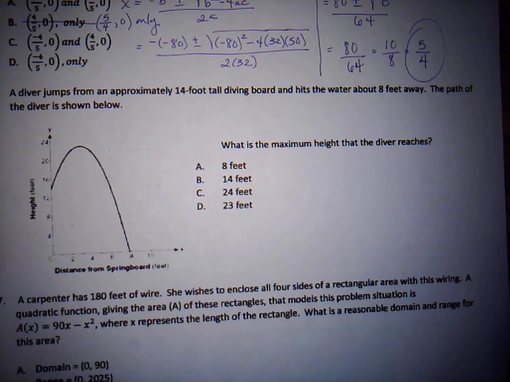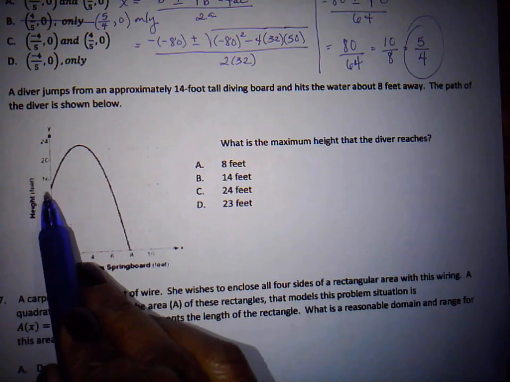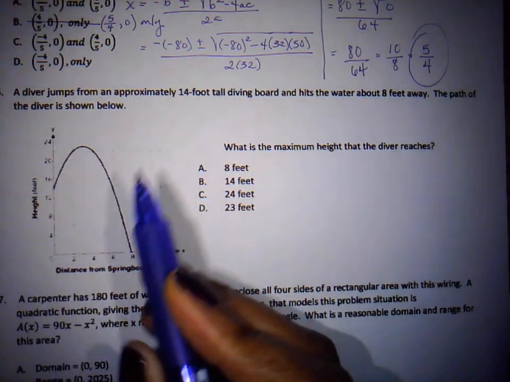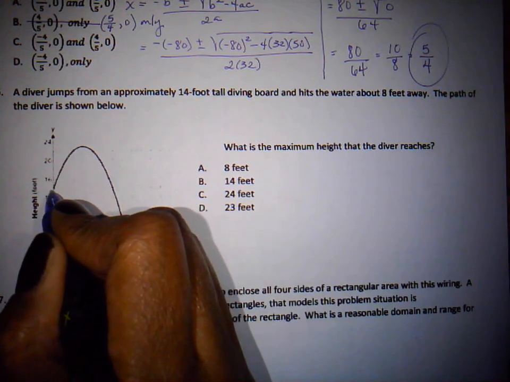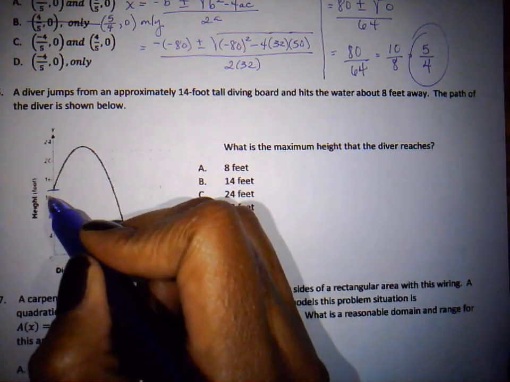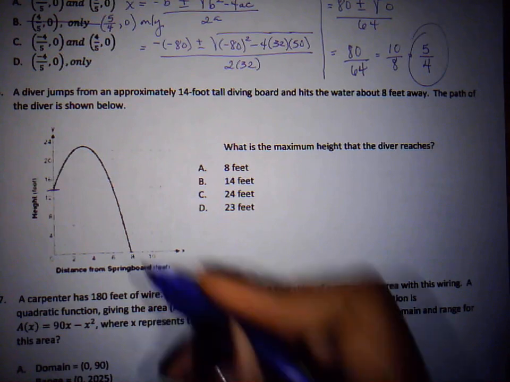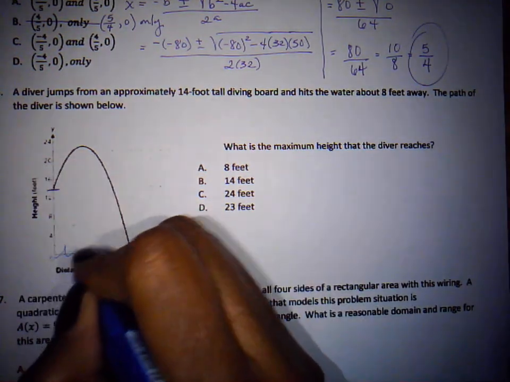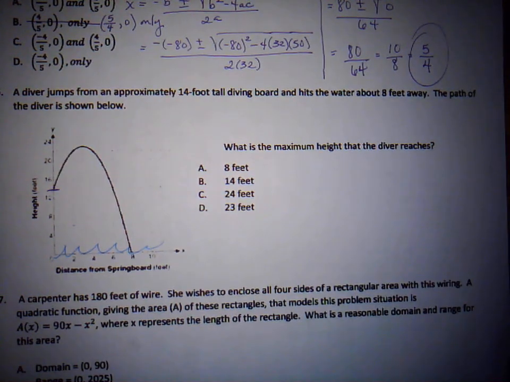The path of the diver is shown below. So here he is right here. 14-foot tall diving board. Here's 14 right here. And choink into the water. Y'all see the water here? This is the water. Isn't that fancy? Don't hate.